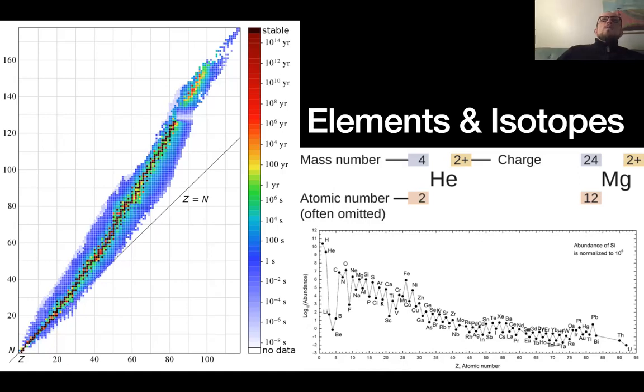There are lots of ways we talk about the elements and the atoms. For example, we sometimes talk about how many nucleons, that is protons and neutrons, are in the nucleus of an atom. We call that a mass number. And that's a number between 1 all the way up to about 180 or so.